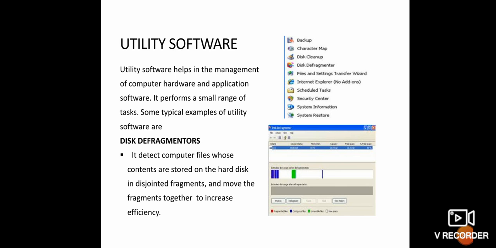Whereas when you arrange all the books in a shelf, you will get a lot of space. Just like that, when you store data in an unorganized manner, it will consume a lot of memory. Whereas disk defragmenters take all the data and store it in a particular order. The remaining memory will be left free and you can use it for other purposes.